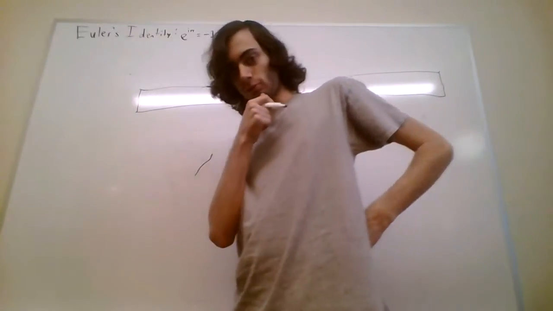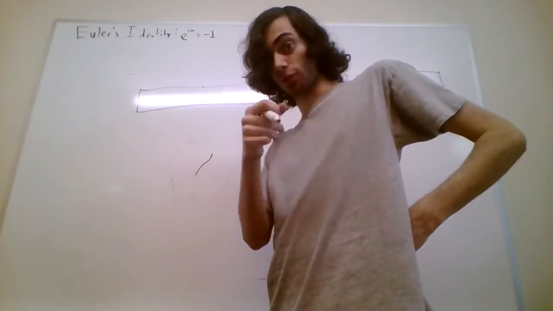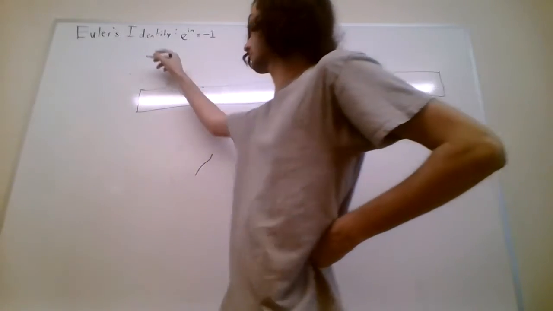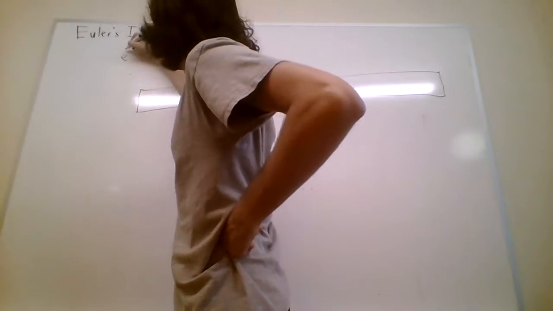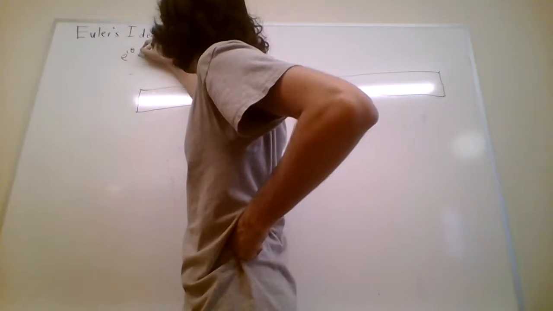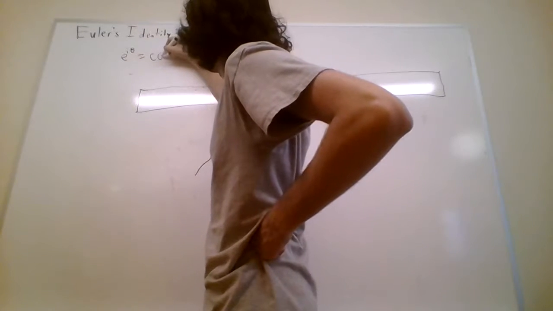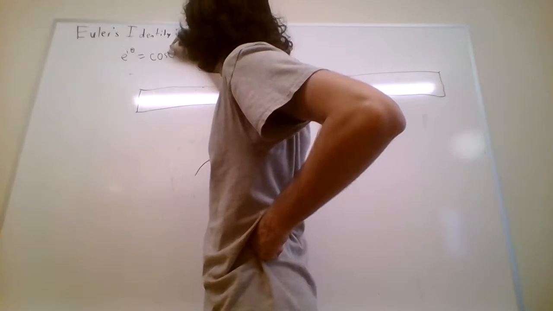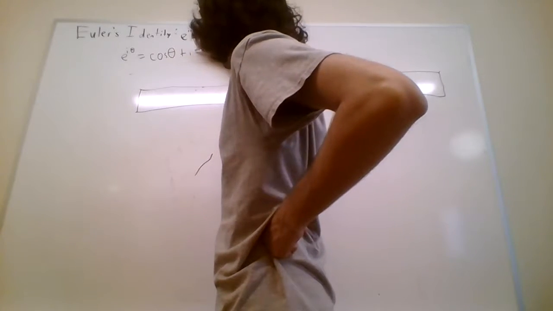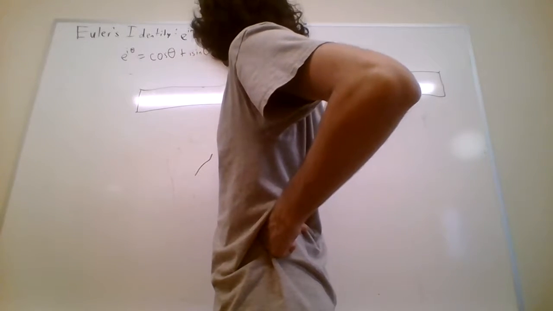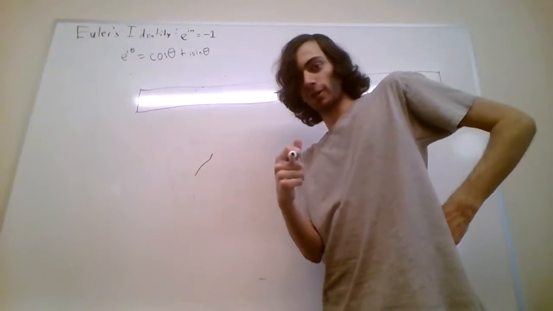To get that, you need to know something called Euler's formula, which is e to the i theta is equal to cosine theta plus i times sine of theta. And I'm going to prove that right now.